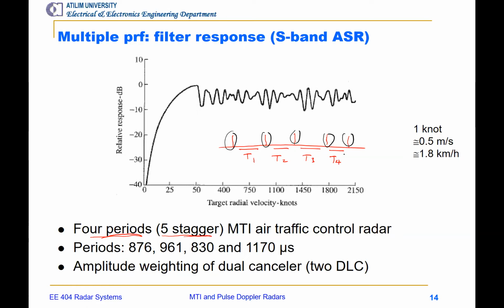This is an MTI air traffic control radar filter response. There are 1, 2, 3, and 4 periods, and amplitude weighting of a dual canceller. So 2 DLC, which means I use 2 delay lines.